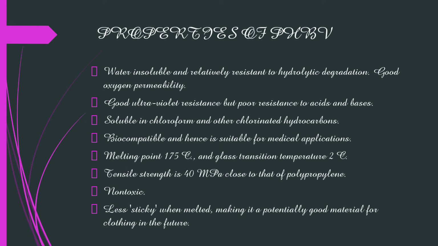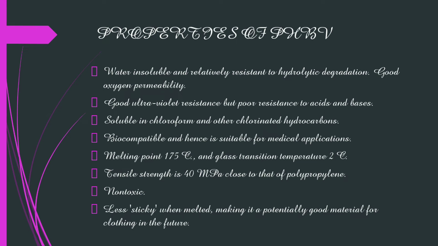Properties of PHBV. Let us see the properties of PHBV. Water insoluble and relatively resistant to hydrolytic degradation. Good oxygen permeability. Good ultraviolet resistance but poor resistance to acids and bases. Soluble in chloroform and other chlorinated hydrocarbons. Biocompatible and hence suitable for medical applications.